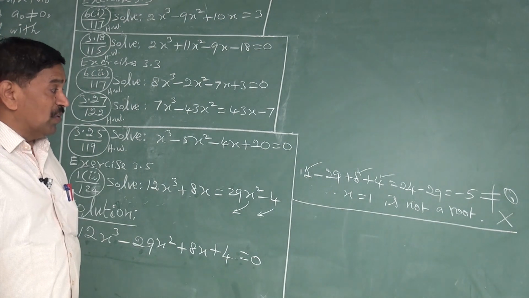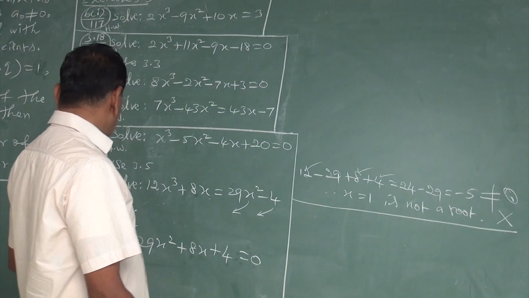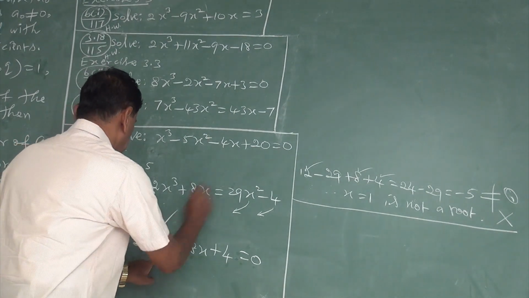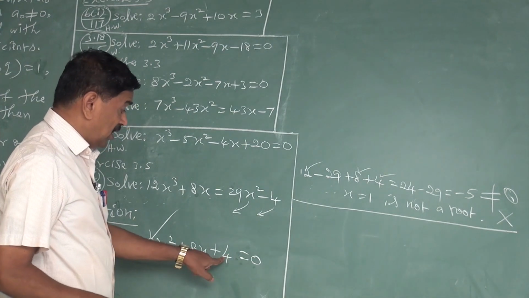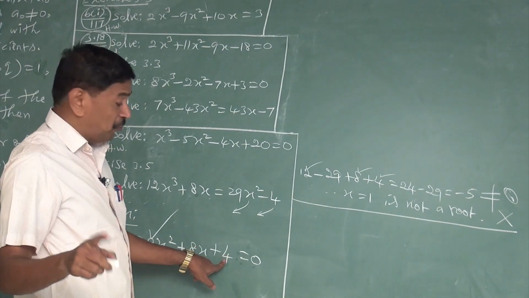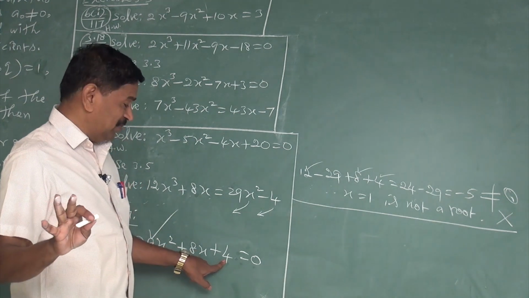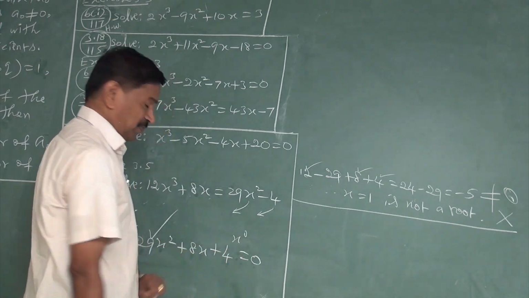Next, the sum of the coefficients of even powers. Here x cubed is an odd power, x squared is an even power, and x is an odd power. Can you tell me whether 4 is an even power or an odd power? Listen, 4 means 4 into x power 0.